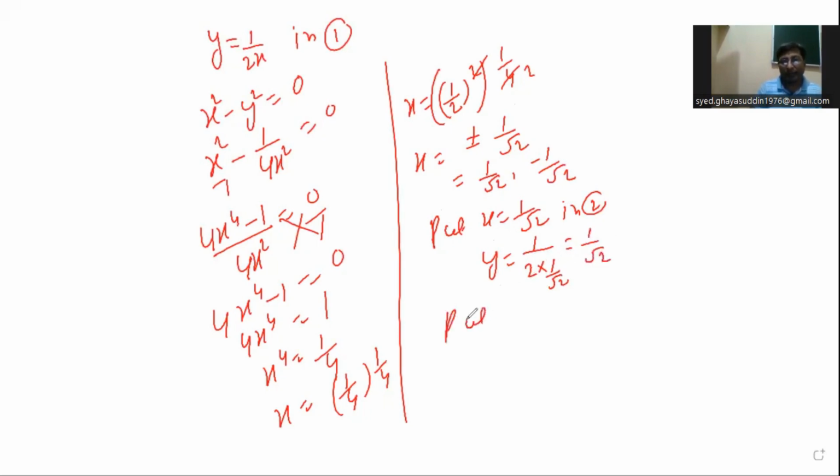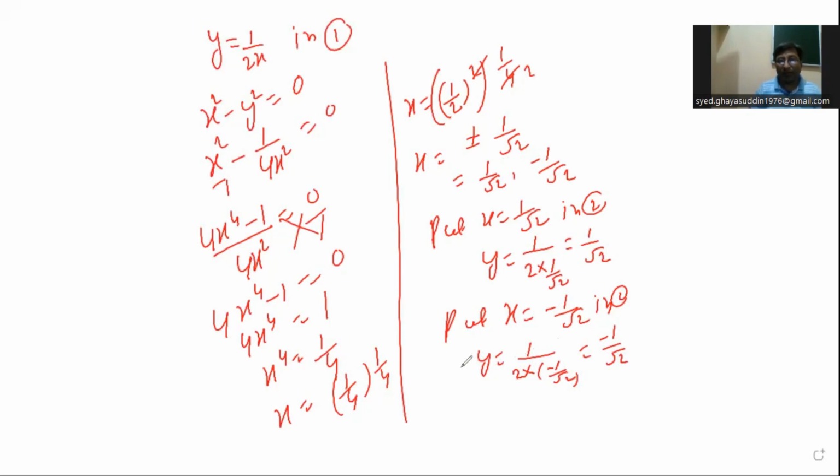Again, put x equal to minus 1 by root 2 in second. So y equal to again 1 upon 2 into minus 1 by root 2. So we get minus 1 upon root 2. So when x is 1 by root 2, y is also 1 by root 2. When x is minus 1 by root 2, then y is also minus 1 by root 2.